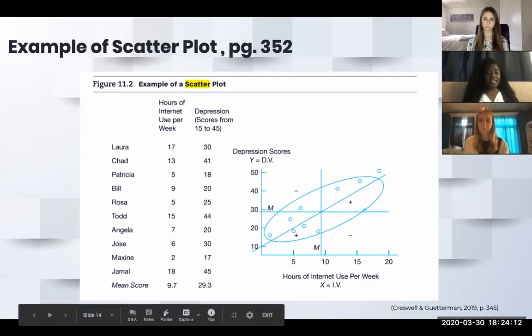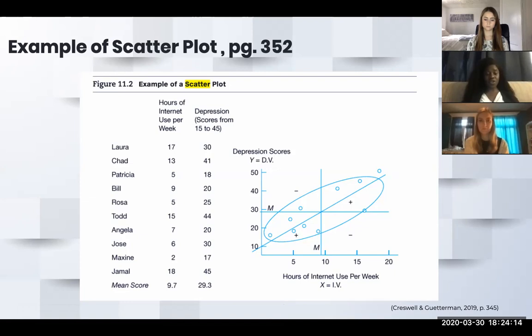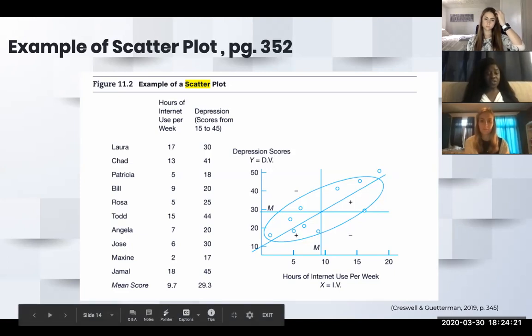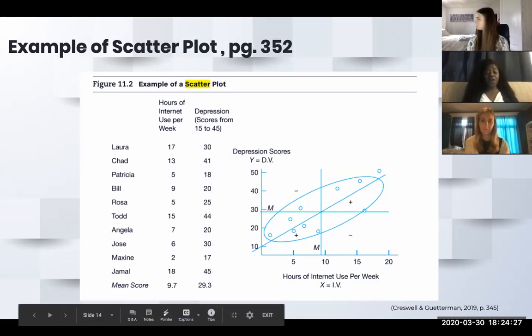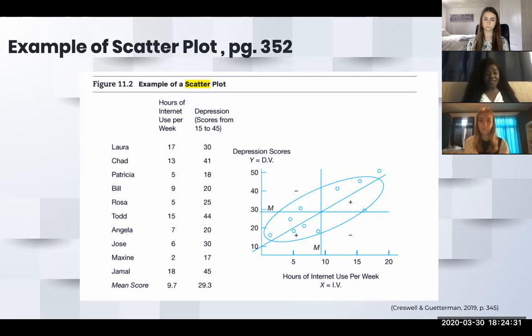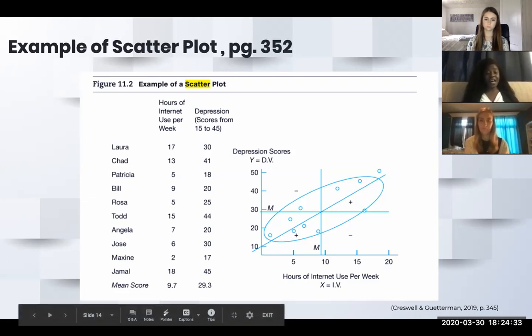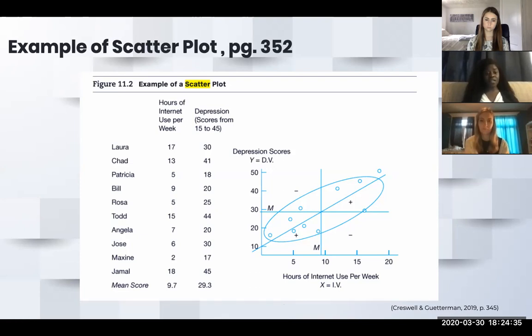At any single point, the little circles denote the score for internet use as well as the score for depression. This graph also shows an example of the line of best fit, which is the line drawn on a diagonal in the graph.